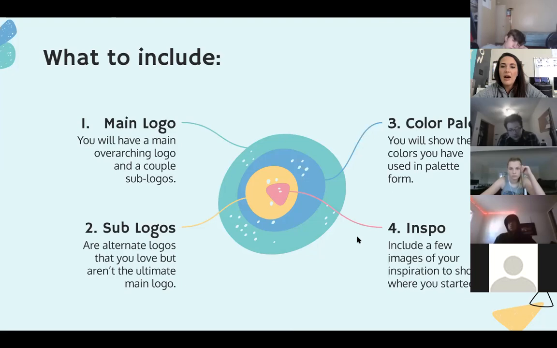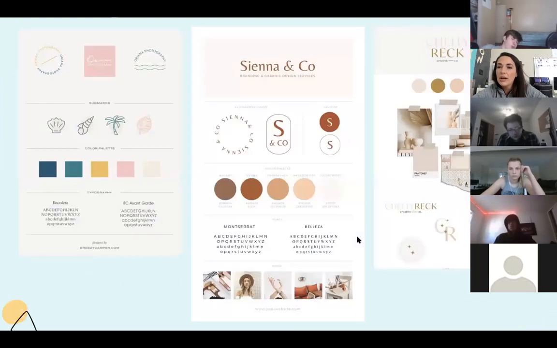And then here are some more examples for you. Once again, you do not need to have typography on here. That's what we generally do, but for this project, I'm not making you do that. But the middle example is a really good example for what I am kind of looking for.